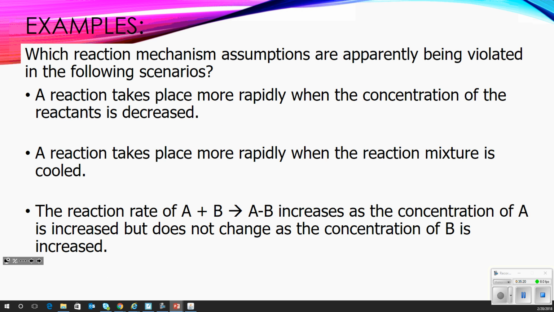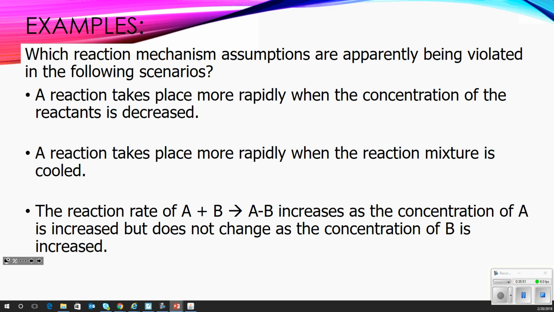All right, so let's look at some examples here. Which reaction mechanism assumptions are apparently being violated in each of the following scenarios? A reaction takes place more rapidly when the concentration of the reactants is decreased. In other words, I have a classroom full of 20 girls and 20 boys, and I decrease the girls to 10. The reaction rate of finding dates for those other 10 boys slows considerably, right?